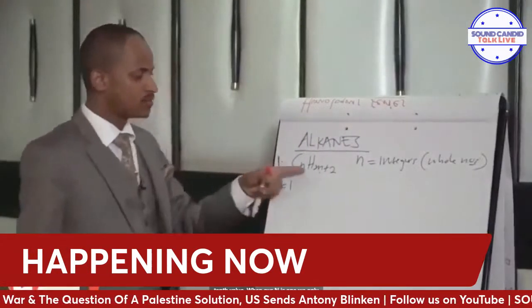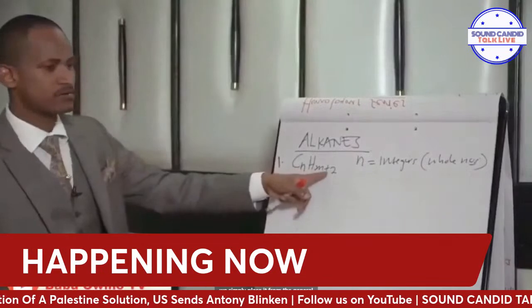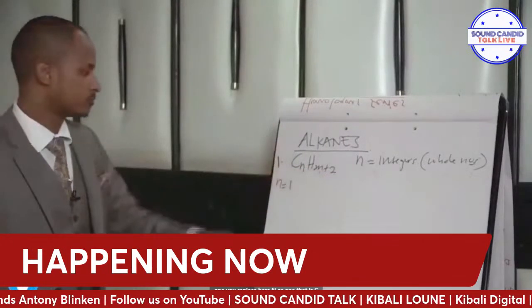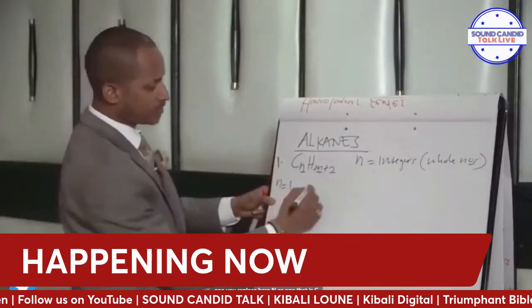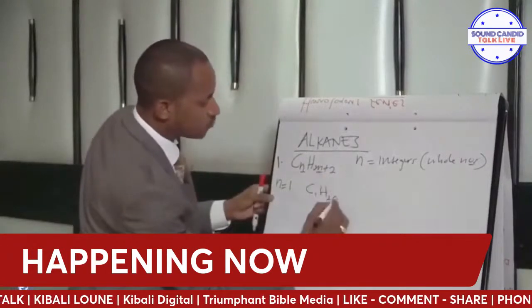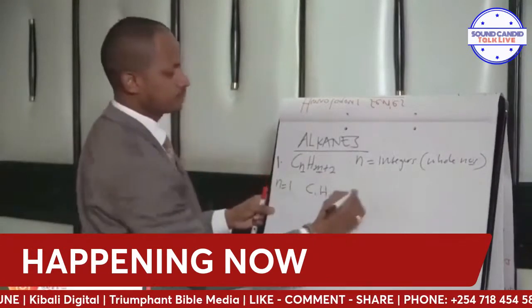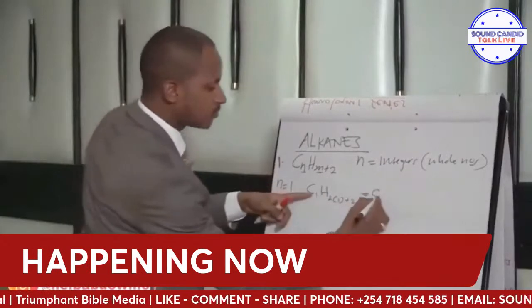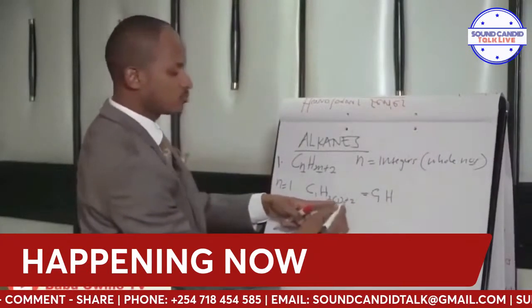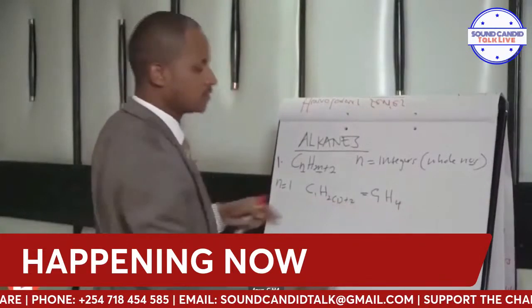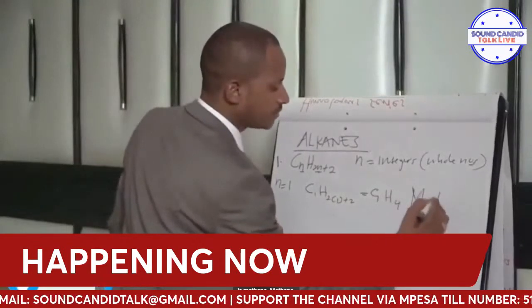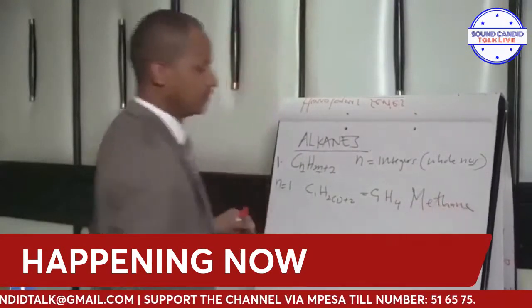When n is 1, we simply replace it in the general formula CnH2n+2. That is C1, H 2 times 1 plus 2, which is H4. C1H4 is methane.